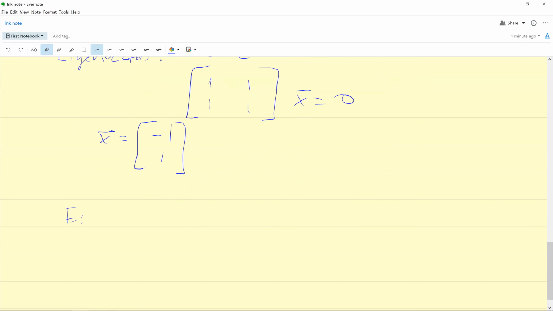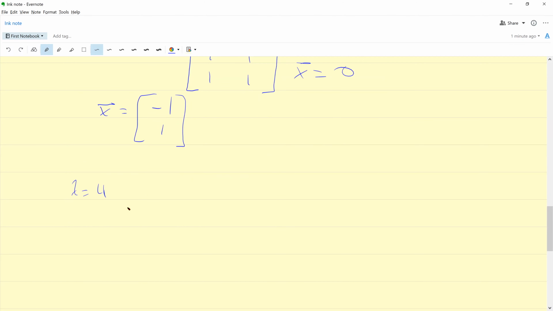And then for lambda equals 4, what do we do for that? Same thing. And the eigenvector is 1, 1. So are these two vectors orthogonal?